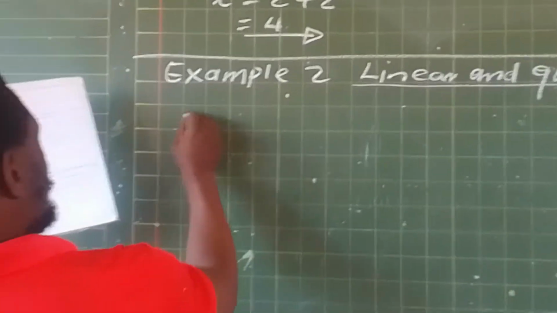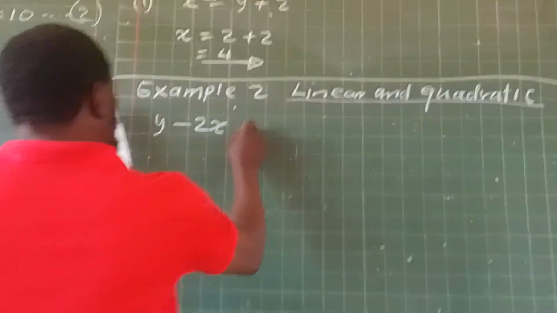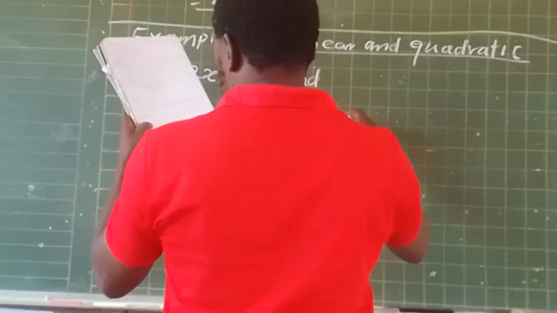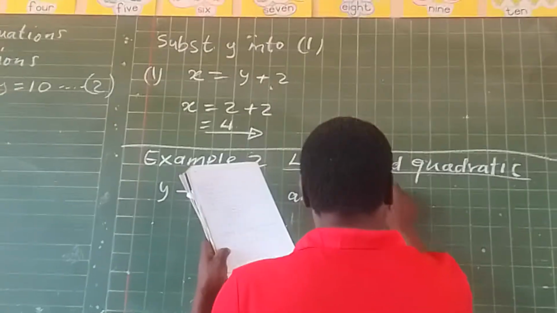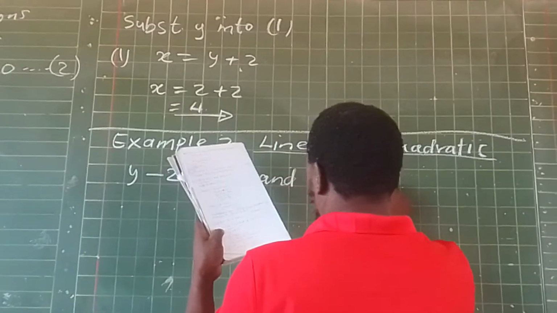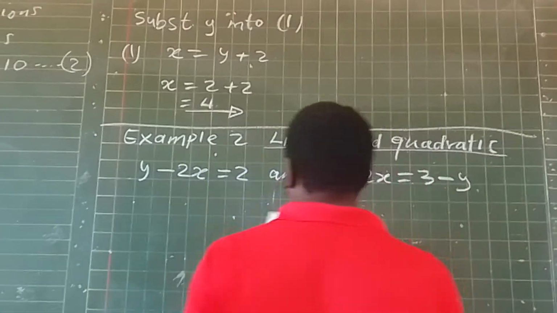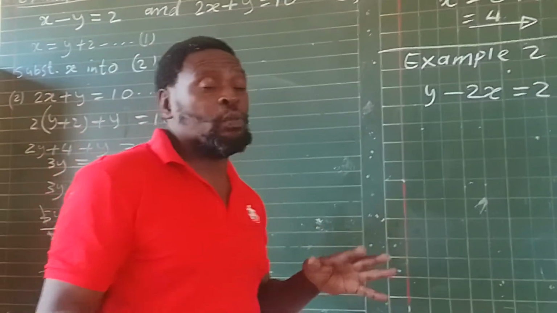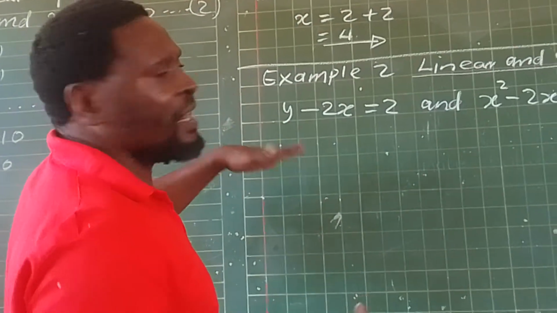You are given a linear as y minus 2x is equals to 2 and x squared minus 2x is equals to 3 minus y. Remember the first one we said, trying to make the equations not as many as 3.